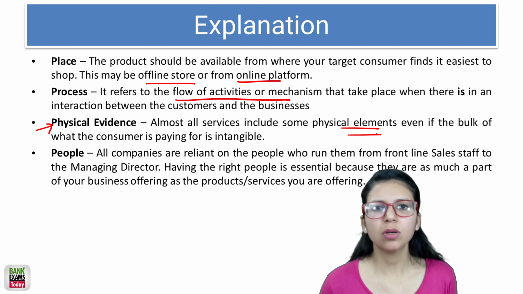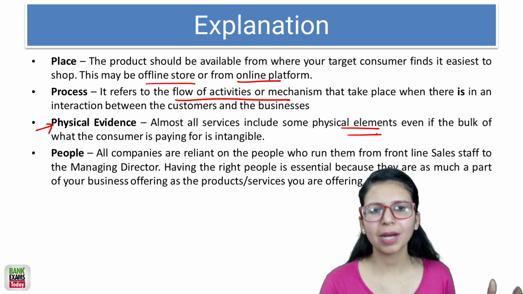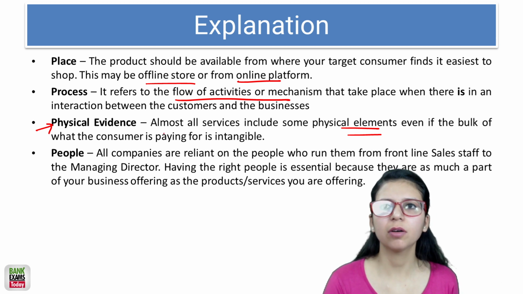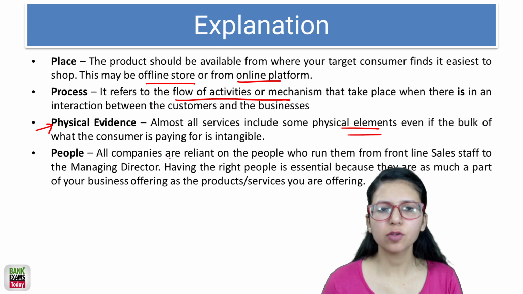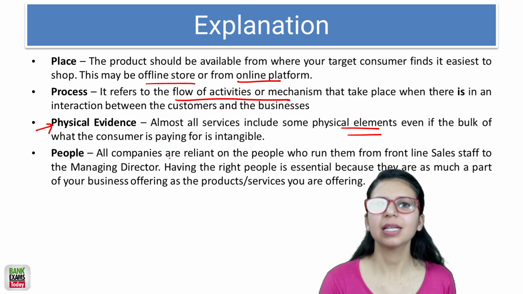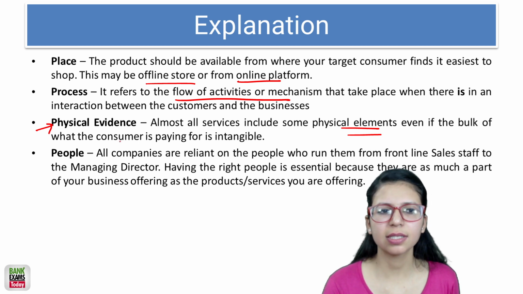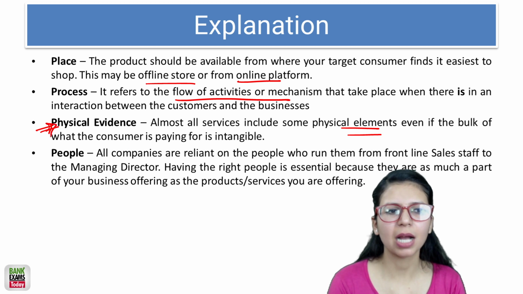So that is also according to them a physical evidence. Accordingly, if you buy a product from an online platform and you get a receipt, that can be in the form of a soft copy that you receive in your mail. So that is also a physical evidence according to this marketing mix.